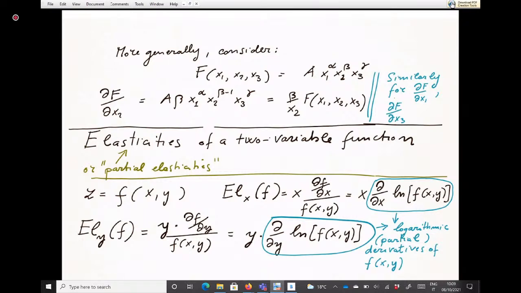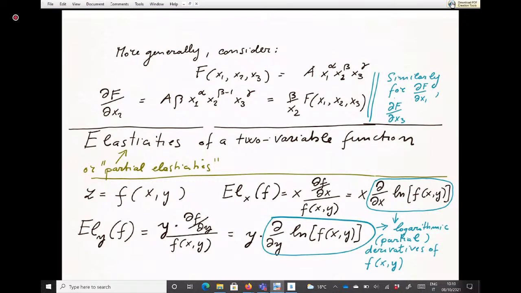So in many applications it can be useful to understand what happens to the demand of a given good if the price changes not by €1 or €2, but by 1%, okay? So it would be interesting to know whether the demand of that good declines by 2% or by 0.5% or by 3% when the price increases by 1%, assuming to be in the standard case where the demand function of a good is decreasing with its price, okay?